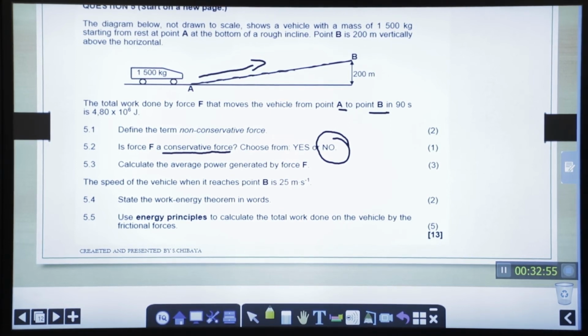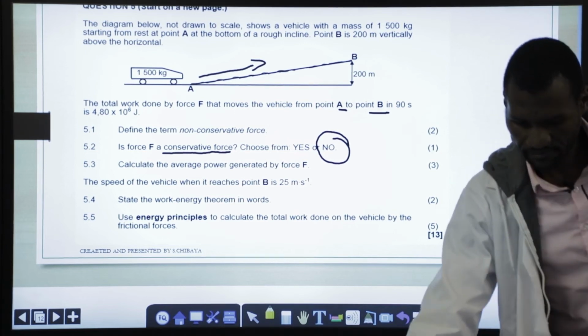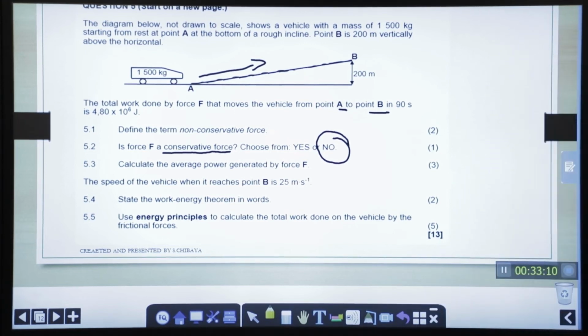If we calculate that, you can agree with me that the value of F is going to be equal to, pull out your calculator, 4,8 times 10 to the power of 6 divided by 1125.